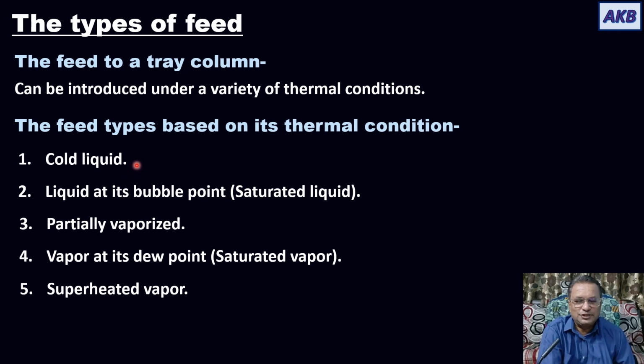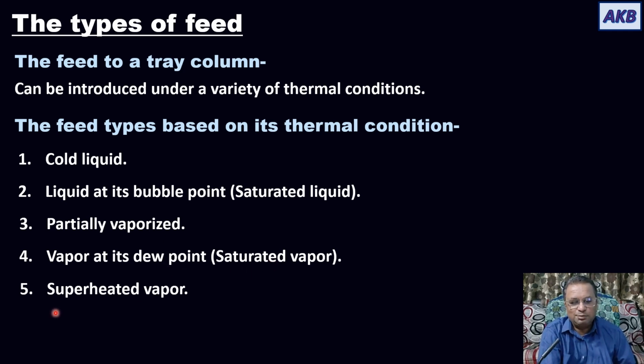First is cold liquid. Second is liquid at its bubble point, that is saturated liquid. The third type is a partially vaporized feed. Then you have the fourth type. The feed could be entirely vapor, at its dew point. We call that saturated vapor.